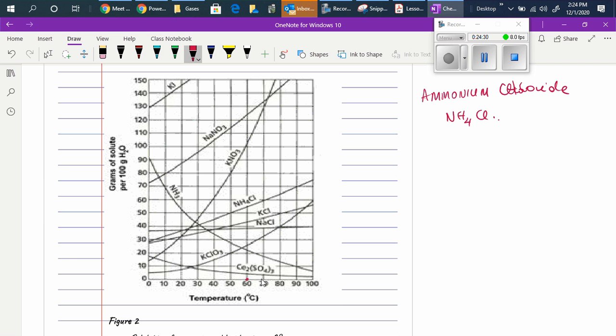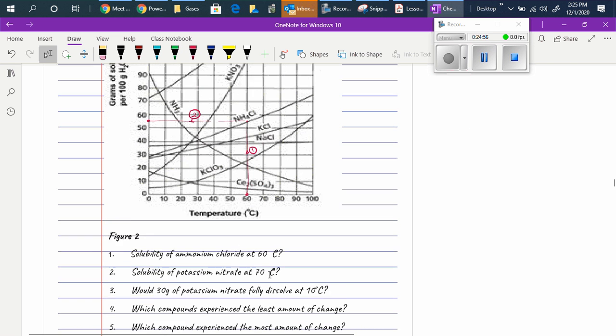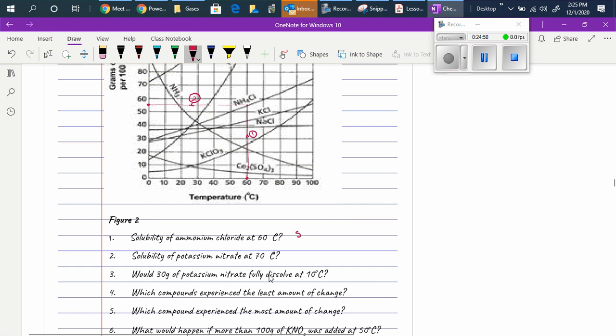So we'll go to 60 degrees, reach NH4Cl, and go horizontally. This being the first step, and horizontally being the second step, we can say that it's about 55 grams per 100 grams of H2O.